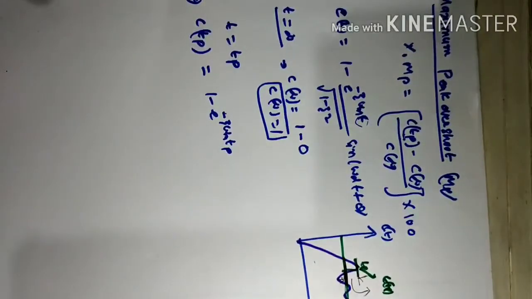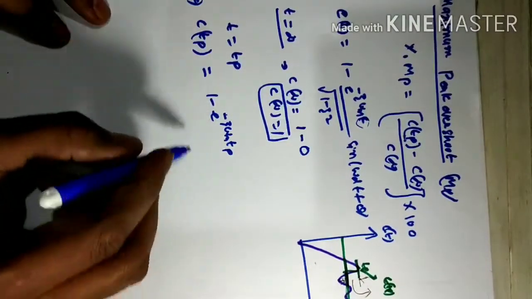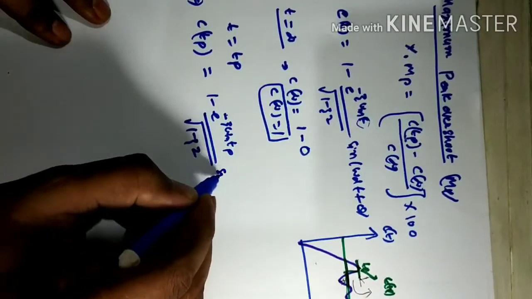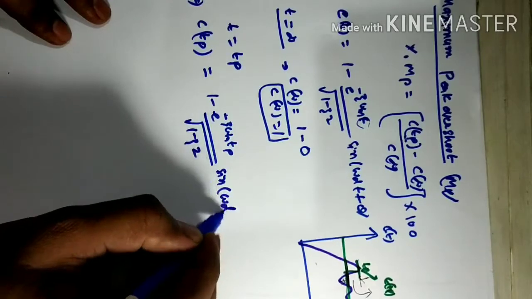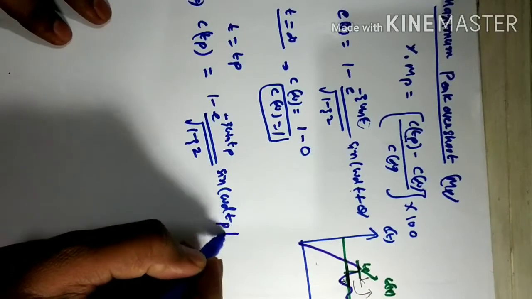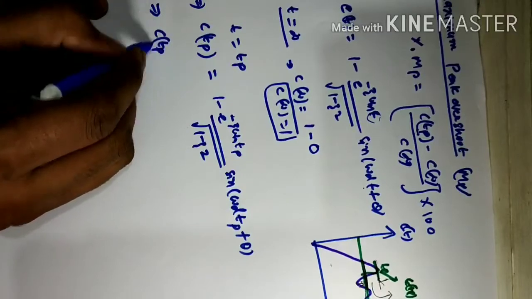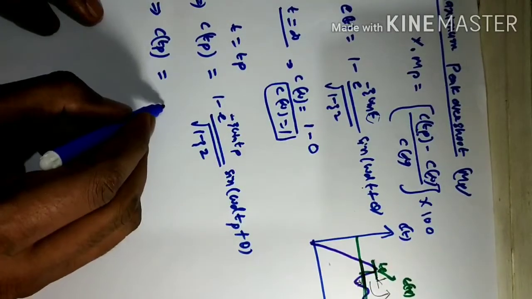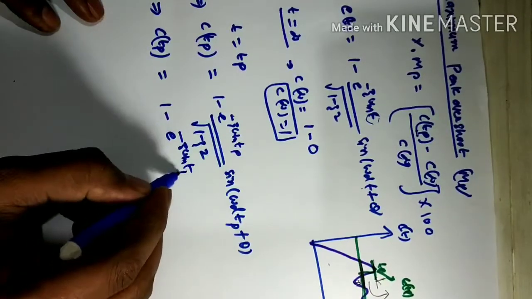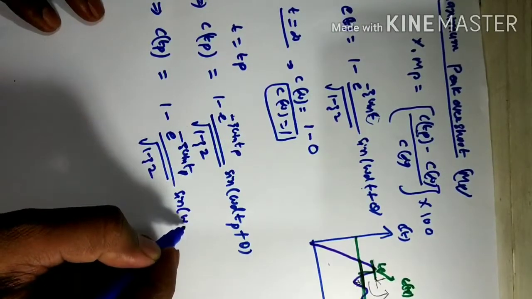Now in place of t, we substitute tp. So root 1 minus zeta square sine (omega d tp plus theta). So C(tp) is equal to 1 minus e raised to minus zeta omega n tp.